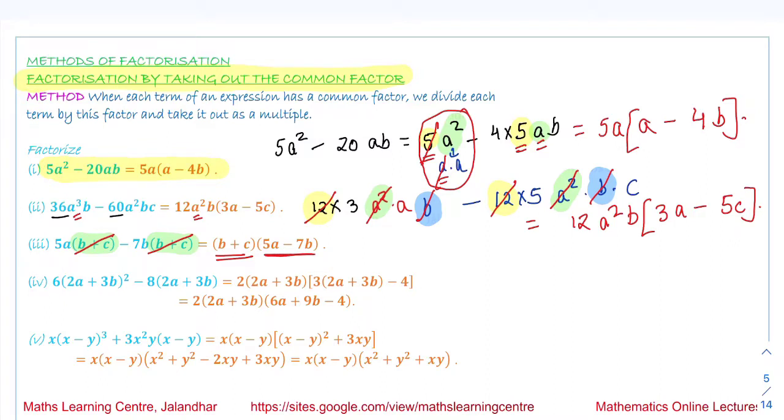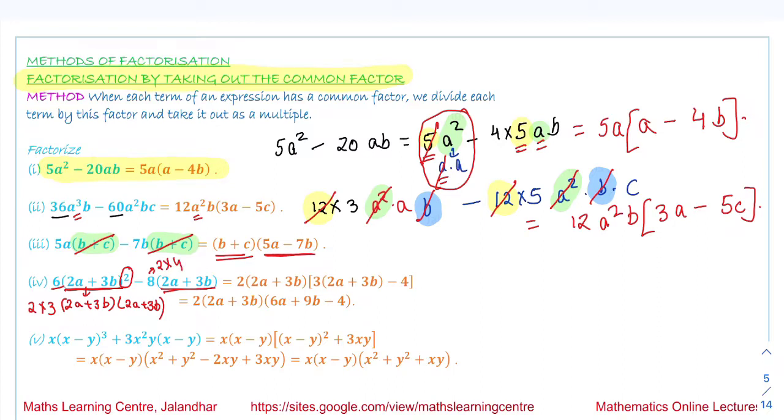Similarly, in the next term, it is 2a plus 3b. This is also 2a plus 3b, but the square is there, so I can write it like 2a plus 3b into 2a plus 3b. This 6 I can write as 2 into 3, and this 8 I can write as 2 into 4.